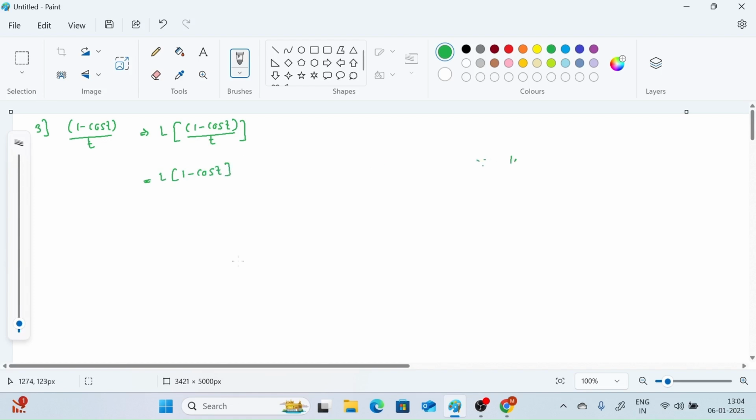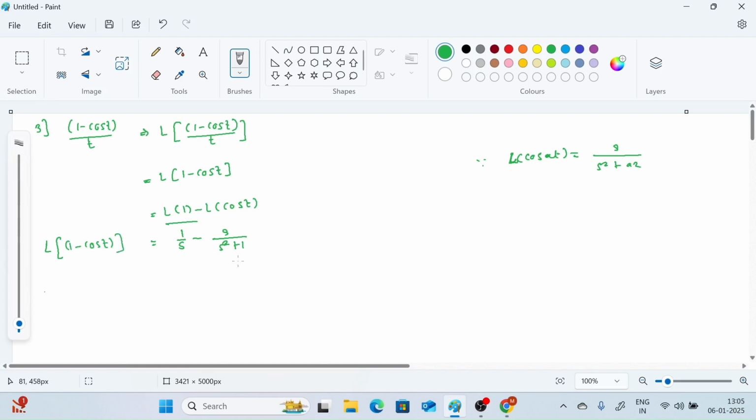We learned that Laplace of cos at is equal to s upon s square plus a square. So Laplace of 1 is 1 upon s, minus s upon s square plus a square, where a is 1, so 1 square will be 1. So I got the value for Laplace of 1 minus cos t.